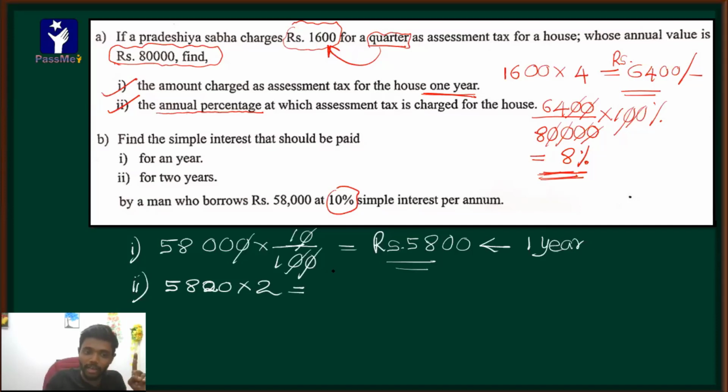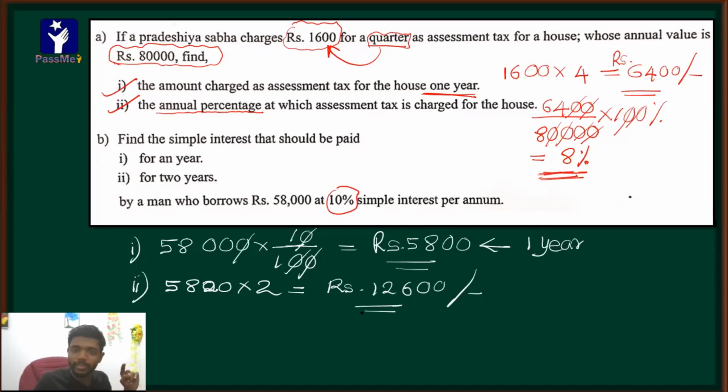Calculate the value for 2 years: 11,600 rupees. So this is how we calculate the simple interest for 2 years. I think you can get a clear understanding about simple interest and the rates as part A.